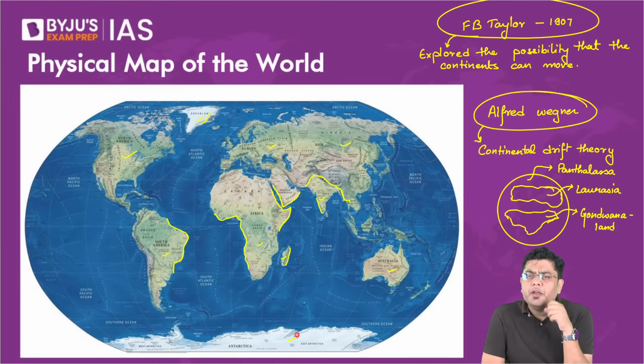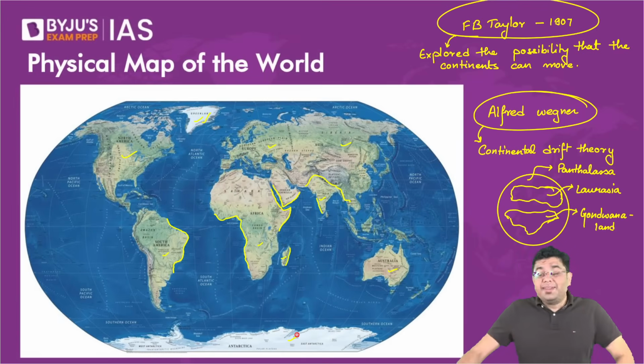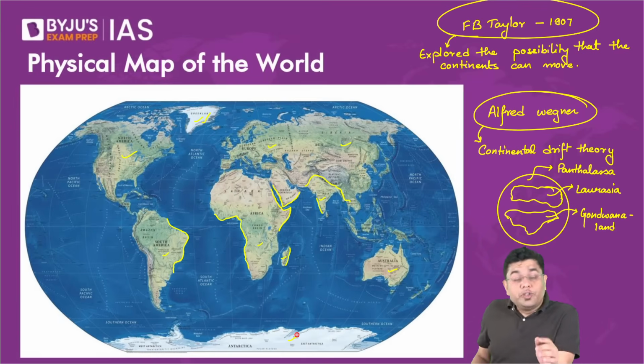But when you provide a theory, you need to be able to provide the reasoning as well. If you are saying that the continents are drifting, why are they drifting? While all the evidences that Wagner accumulated pointed to the same fact that yes, the continents might be drifting from their original position, the continents might be moving.